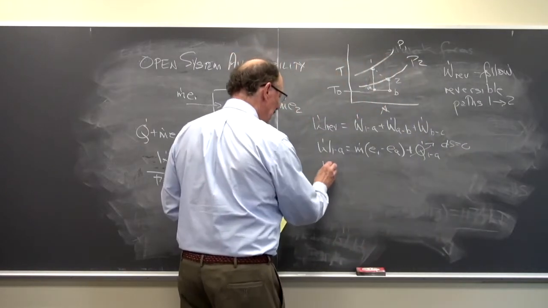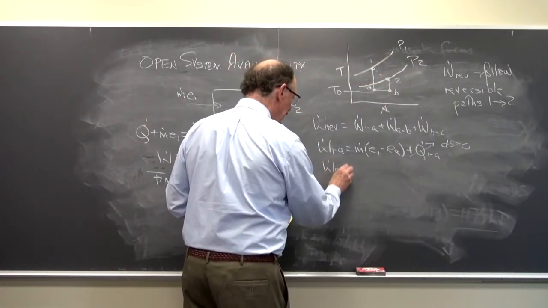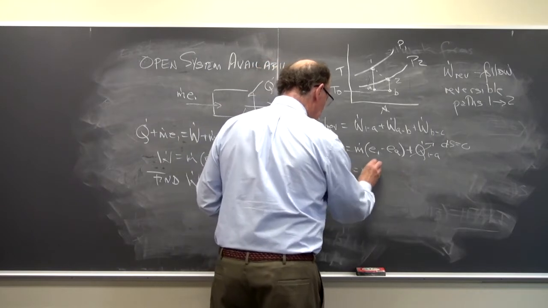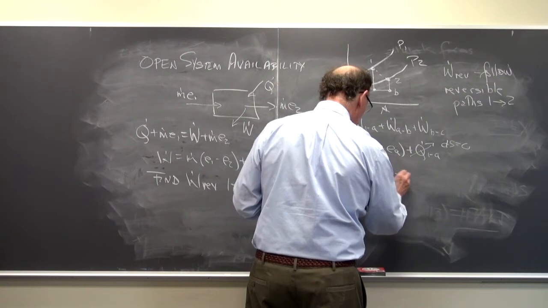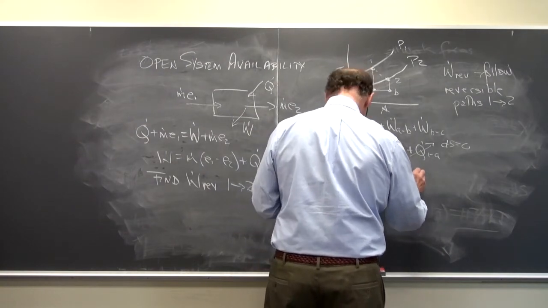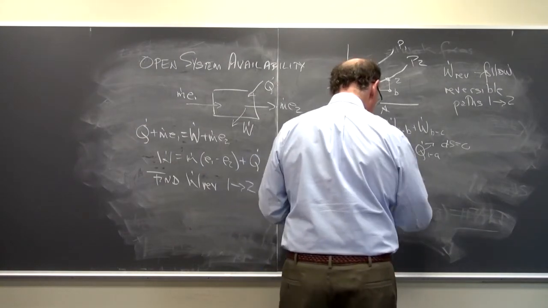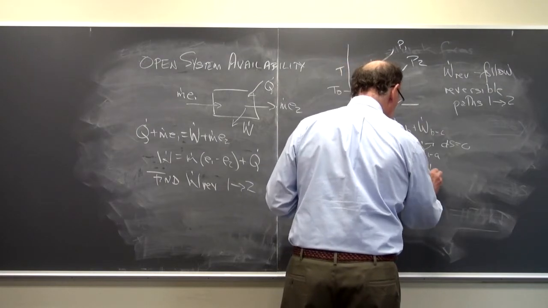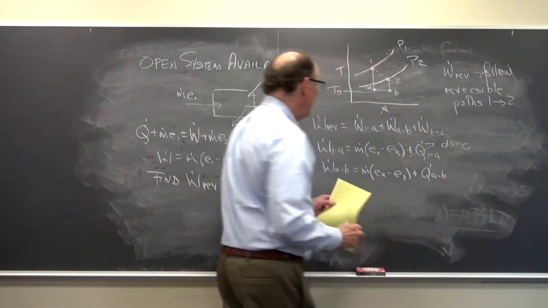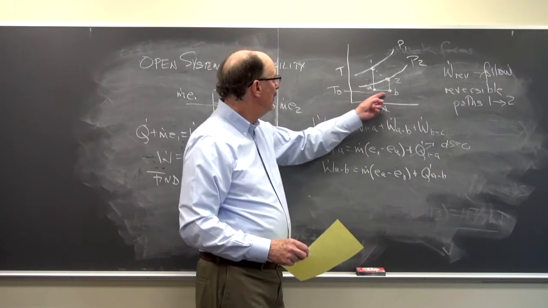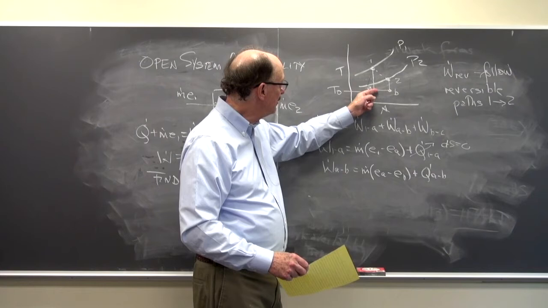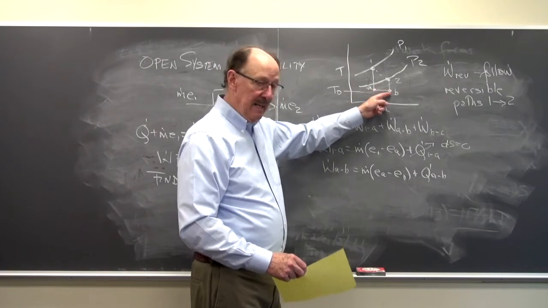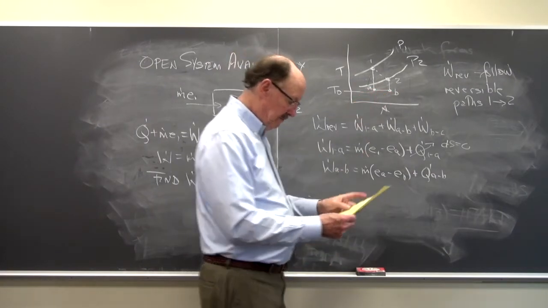Now we're going to find W dot from A to B: m dot times (EA minus EB) plus Q dot A to B. Here we know that heat is equal to the area under the curve, so Q dot is equal to T0 times (SB minus SA).